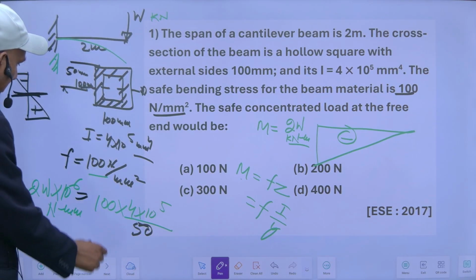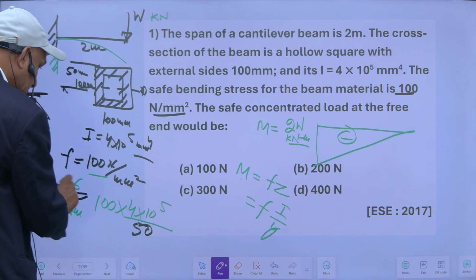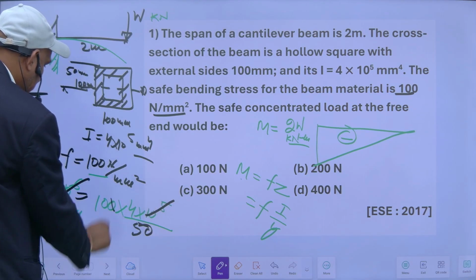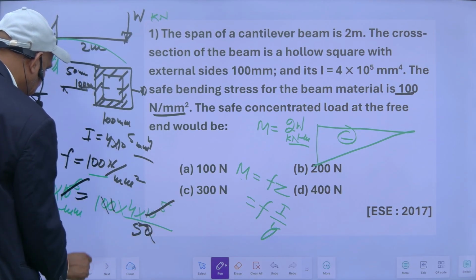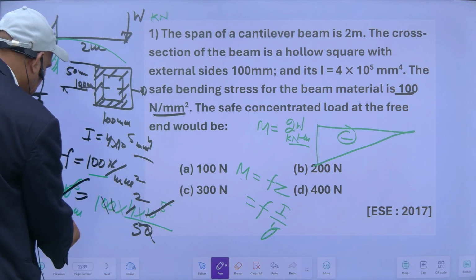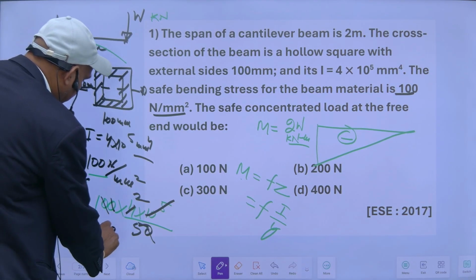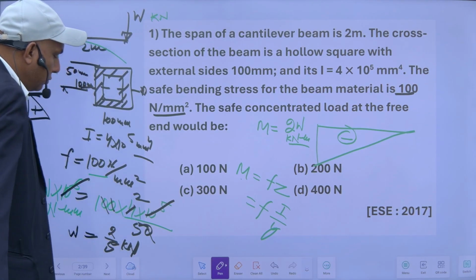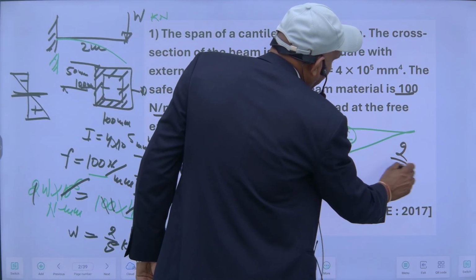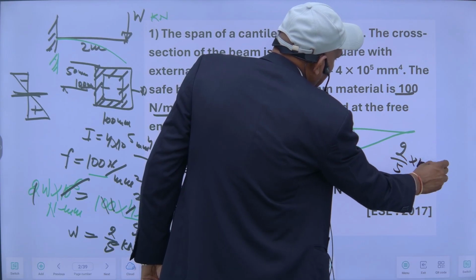Now W will be 2 upon 5 kilonewton. So 2 upon 5 kilonewton, if I multiply it by 1000, it will be in Newton.